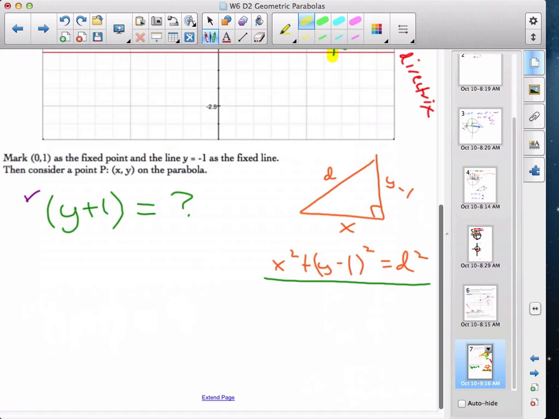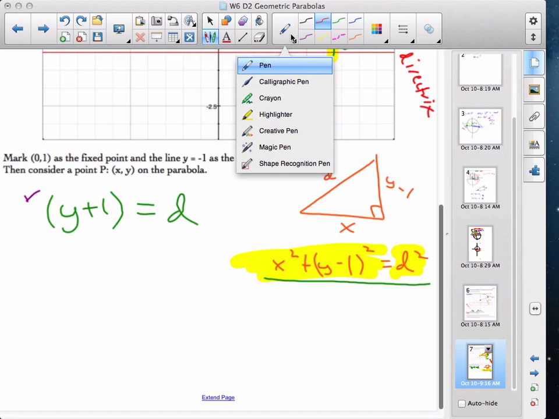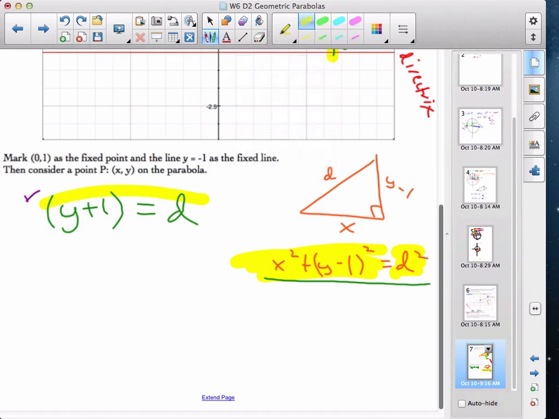One saying that the segment squared was equal to the Pythagorean theorem, the sum of the squares of the legs of that triangle. And then we said that the distance itself was also equal to y plus 1 by the definition of the parabola.